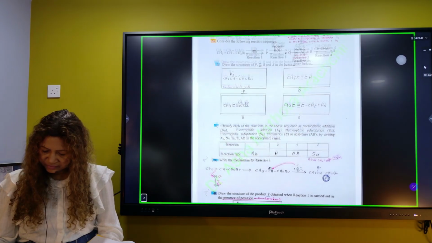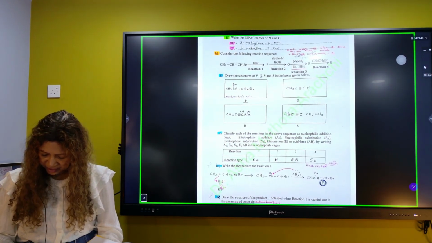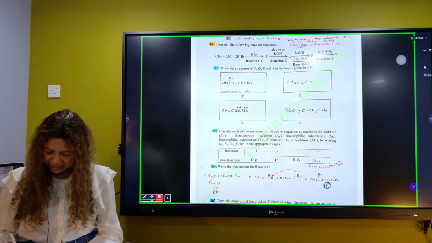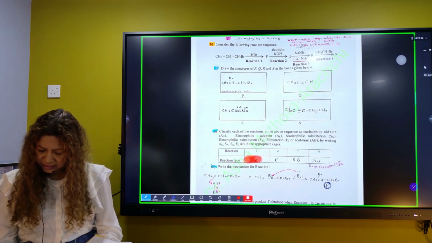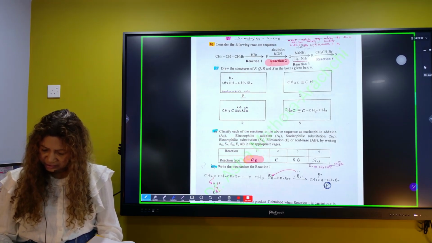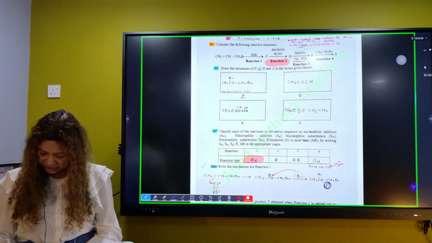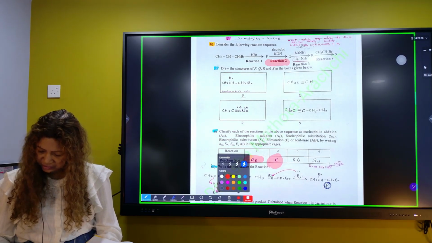Reaction 1, 2, 3, 4. Reaction 1, electrophilic addition. The electrophile is H plus, and then the double bond breaks, so it's definitely electrophilic addition. Number 2, elimination. Sodamide reactions are acid-base reactions, you already know that.